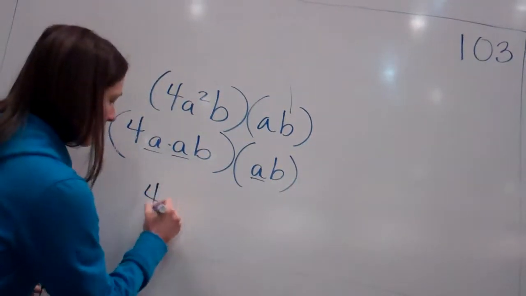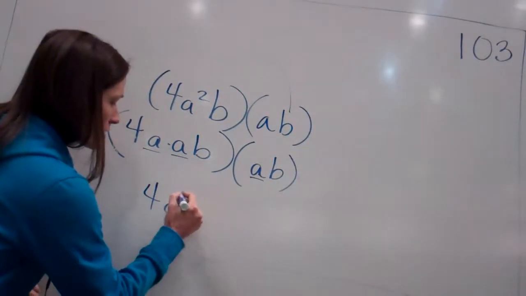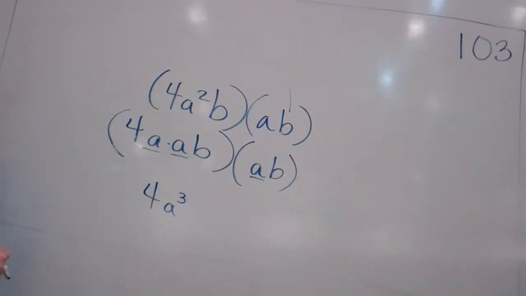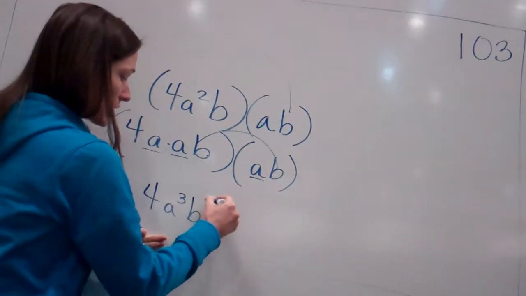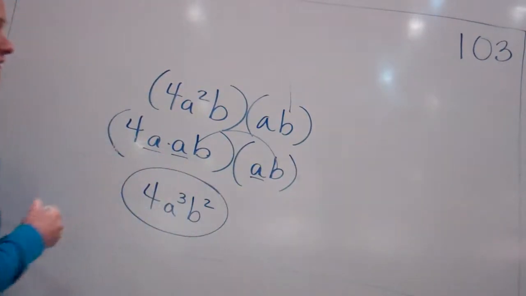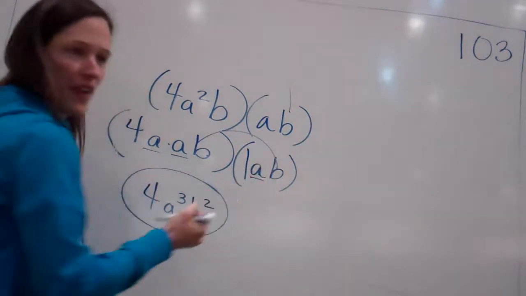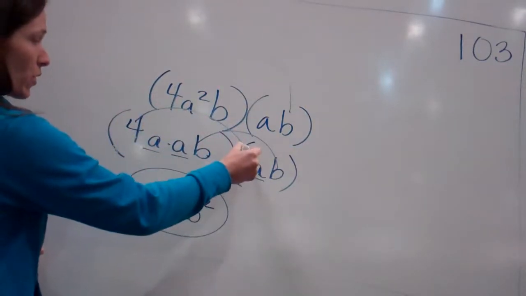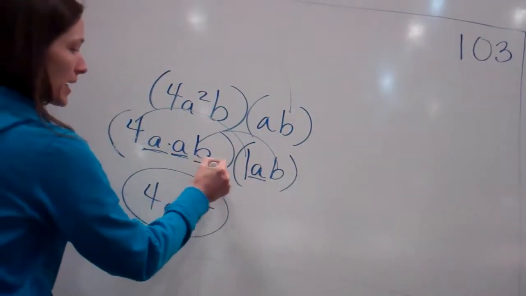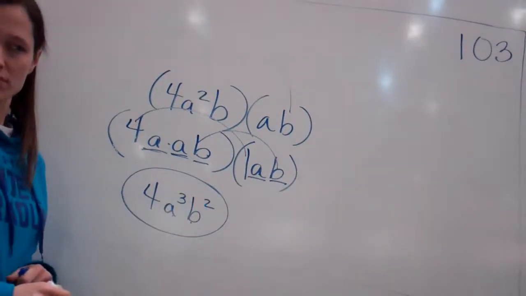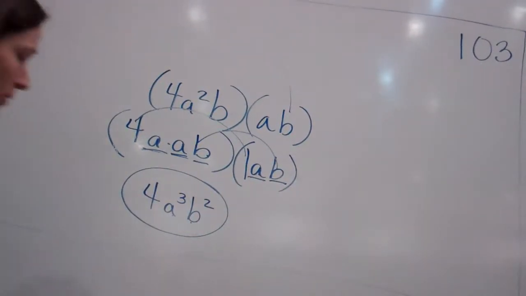Would it be fair to say A to the 3rd power? And then B times B would become B squared. So this is my final answer. And you could put a 1 here if that helps you. 4 times 1 is 4. A times A times A is A cubed. B times B is B squared. Got it? Okay, so pretty simple, okay?